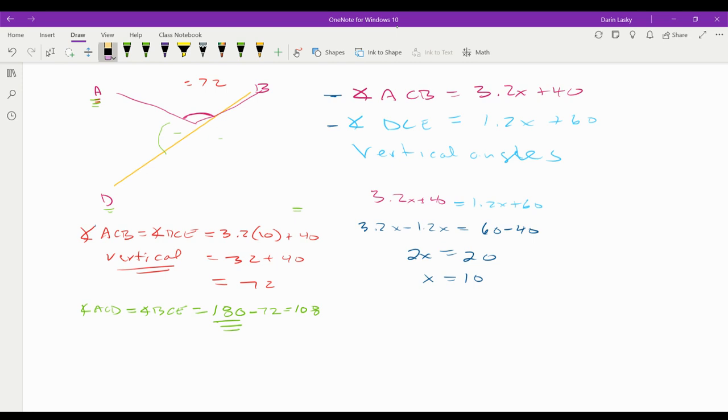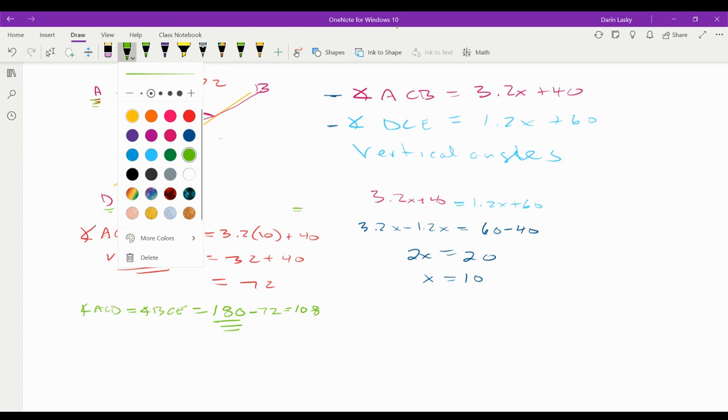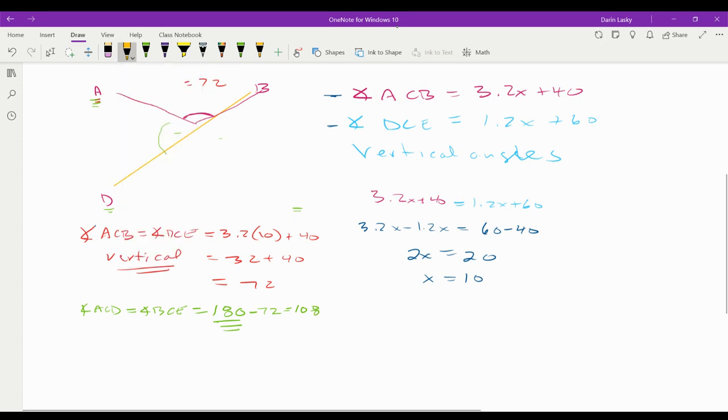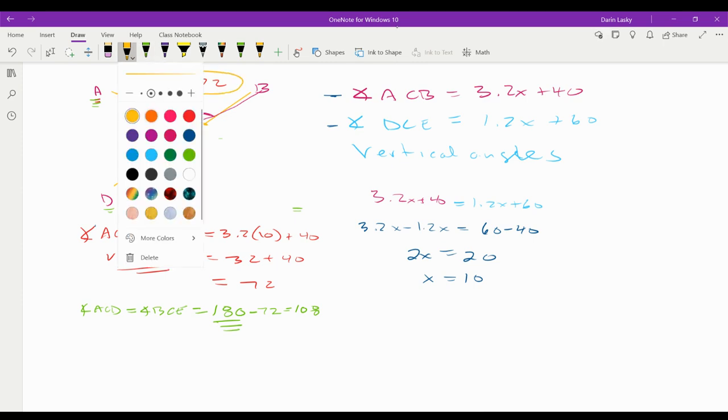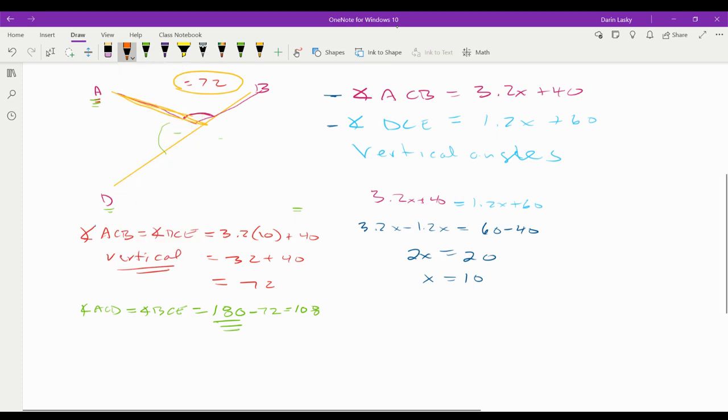So all I'm left with is this idea that, let me put my line back in there, right here. All I'm left with is this idea that this angle here is 72 degrees.